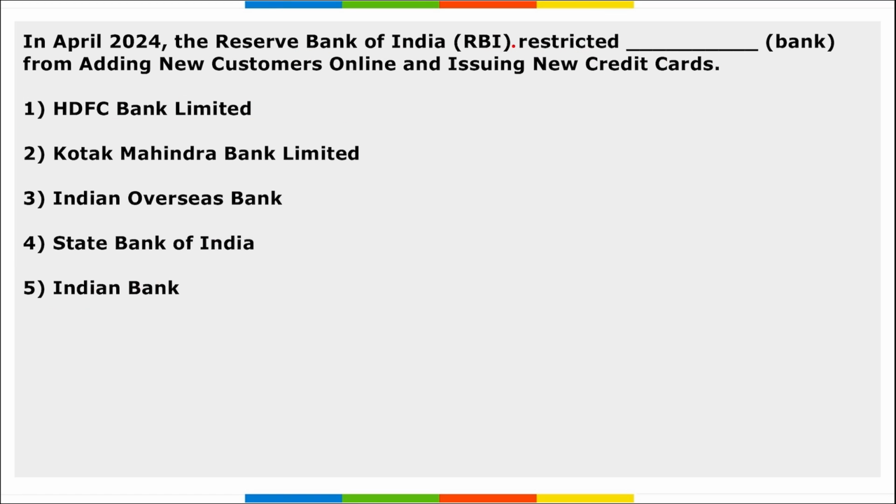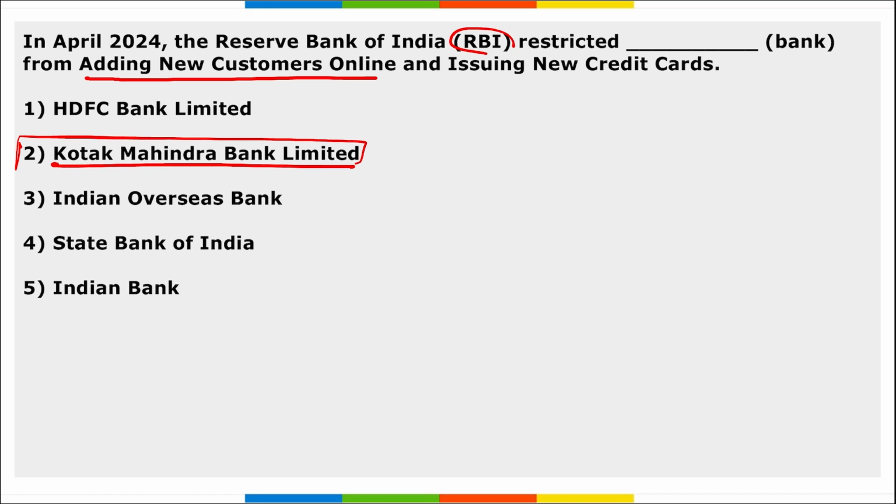Then in April 2024, RBI restricted a bank from adding new customers online and issuing new credit cards. So recently in April, RBI restricted Kotak Mahindra Bank from adding new customers online and issuing new credit cards.